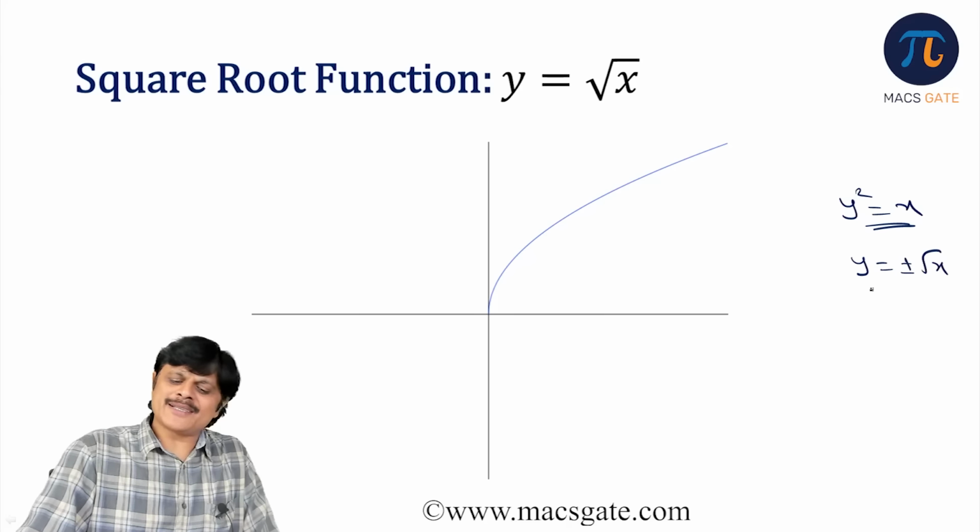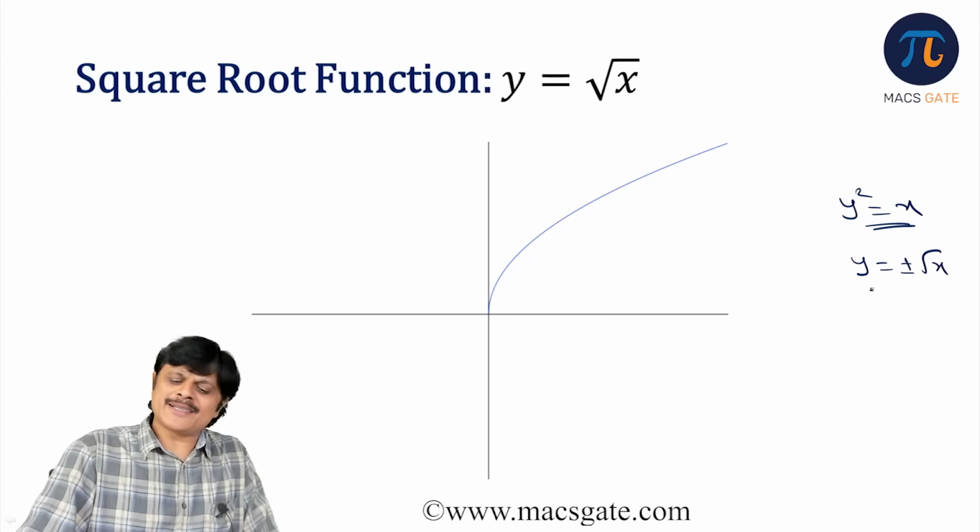Here it is y is equal to root x. This one has domain only from R plus union 0, that is x greater than or equal to 0. And range also R plus union 0.